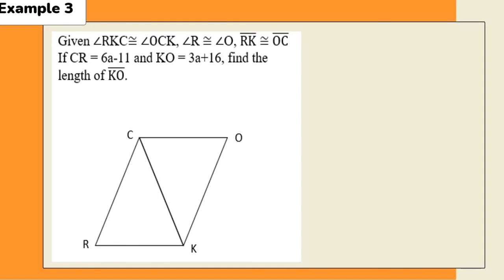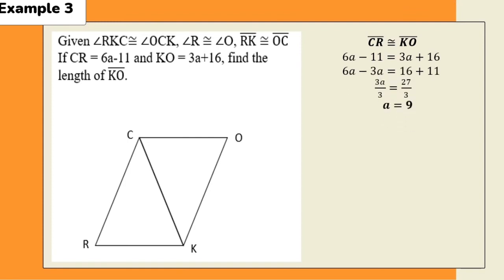In this figure, we can see that CR is congruent with KO. Since the value of CR is 6A minus 11 and the value of KO is 3A plus 16, we equate those to get this. 6A minus 3A is equal to 16 plus 11 by the addition property of equality.